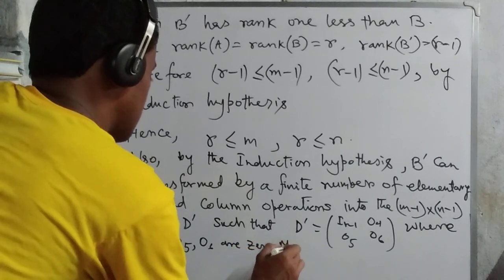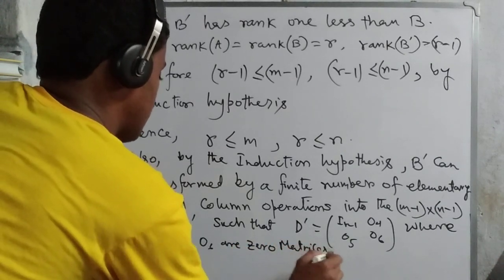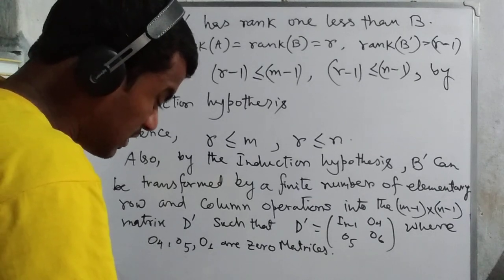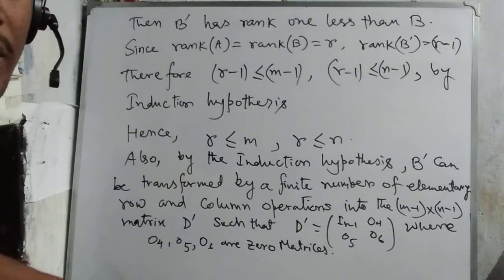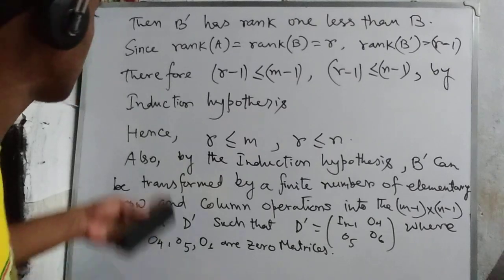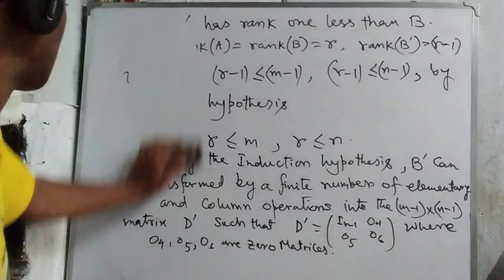Okay, zero matrices. Understood? Then what we obtain, we erase that portion and go on to further discussion of that.